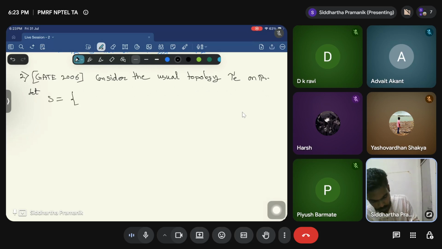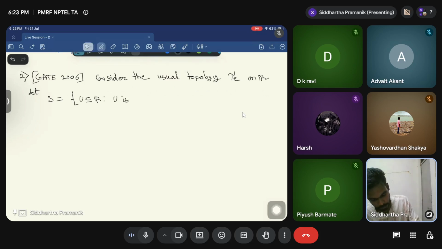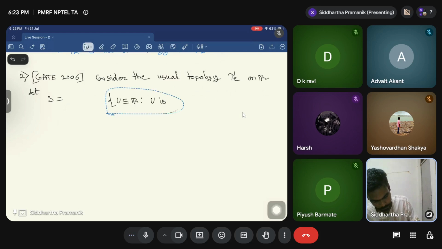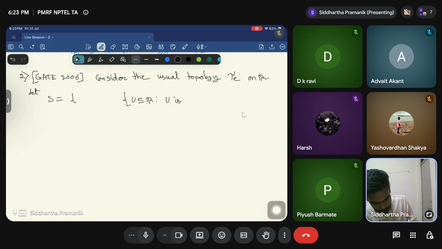So the first one is all those subsets of R such that, maybe it is just the union of phi, the whole set R, and this collection. So I have to modify this.